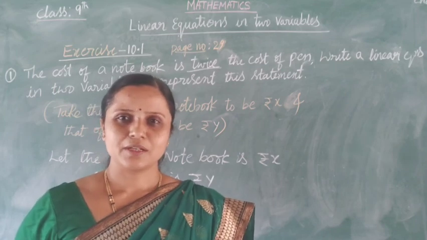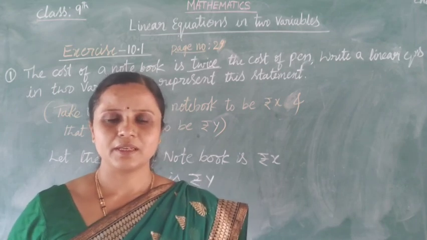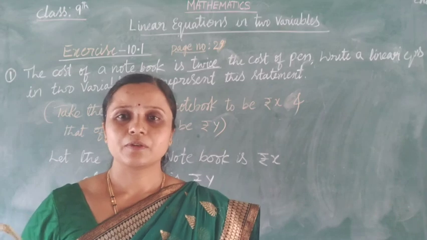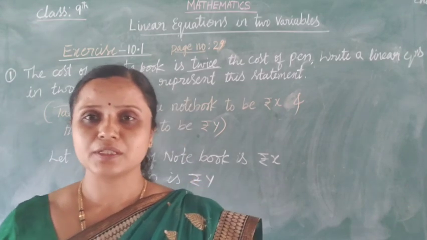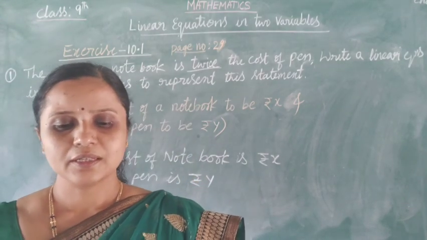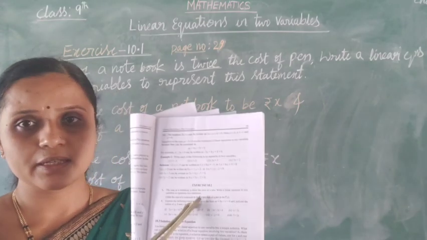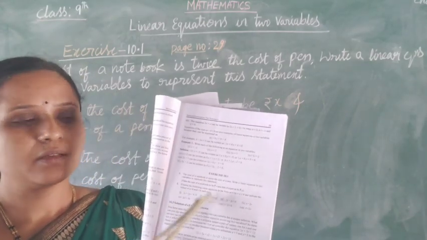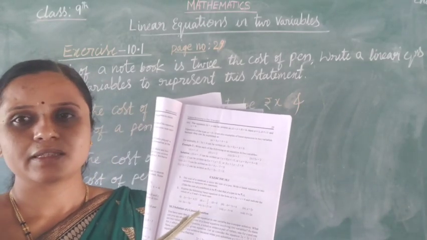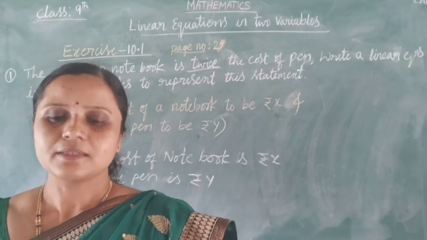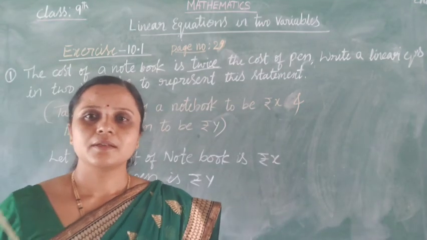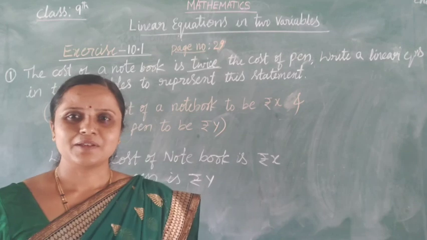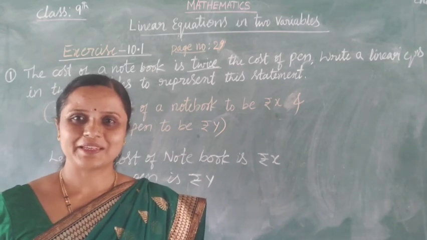Okay, you can understand all the concepts very correctly, and you can work out the homework questions in exercise 10.1. You can work out all the remaining questions in your exercise 10.1. In the next class I will go through the next exercise 10.2. Okay, thank you.